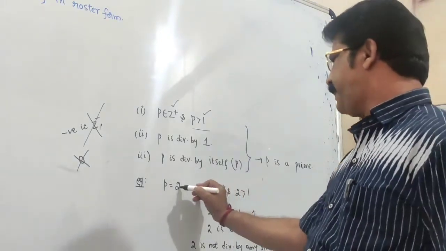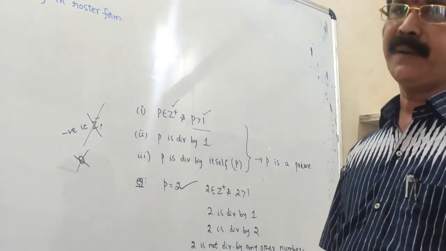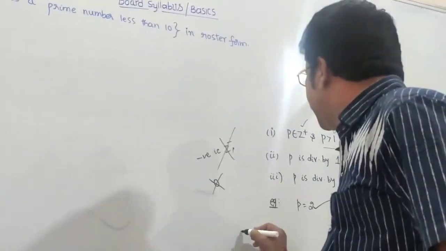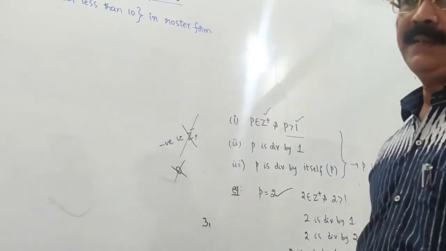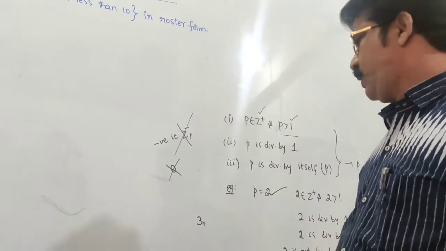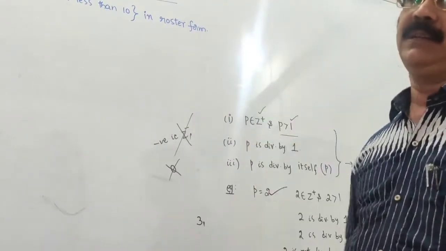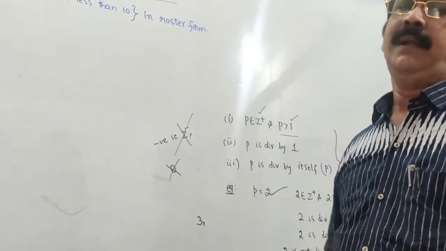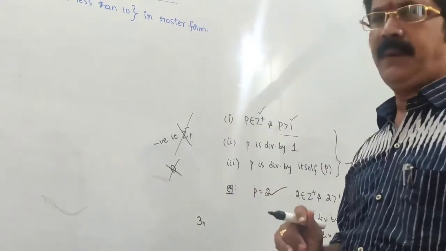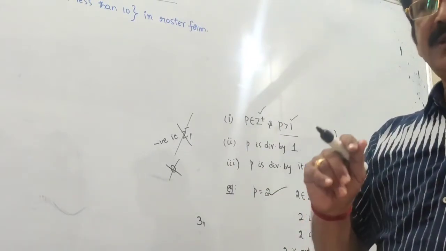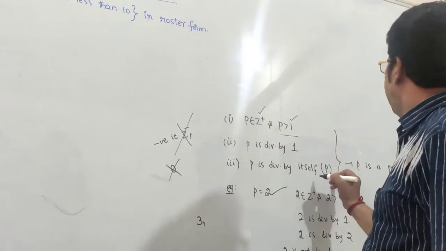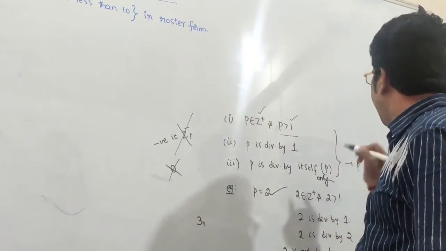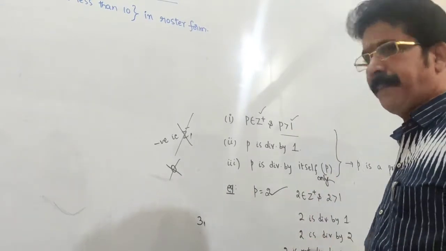Therefore 2 is a prime number. Similarly 3: it belongs to Z plus, it is greater than 1, 3 is divisible by 1 and 3 is divisible by 3 only, meaning itself. Therefore 3 is a prime number.